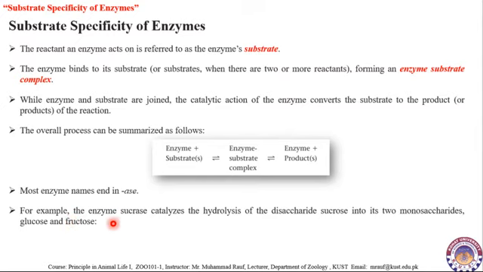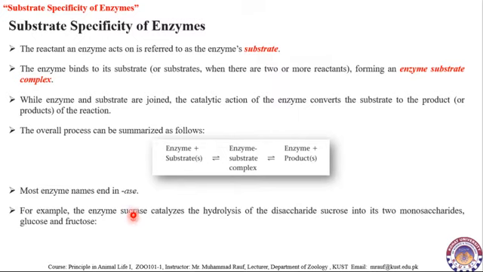For example, the enzyme sucrase catalyzes the hydrolysis of the disaccharide sucrose into its monosaccharides glucose and fructose. So here they have given an example of an enzyme whose name ends with ase.